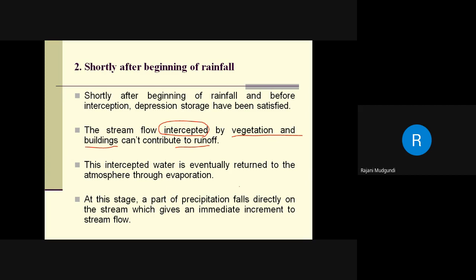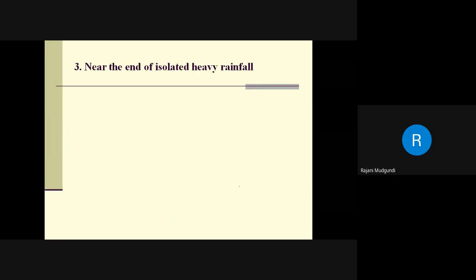At this stage, a part of the precipitation directly falling on the stream gives an immediate increment to the stream flow. Only that is the source, when the water is falling on the river, on the water body, that will enhance the water level only. No other water is falling from the nearby area and joining that stream, right?